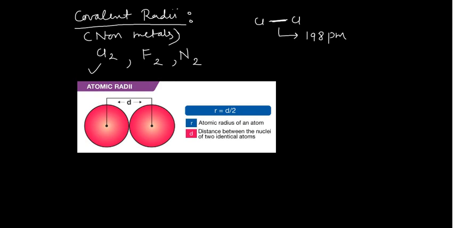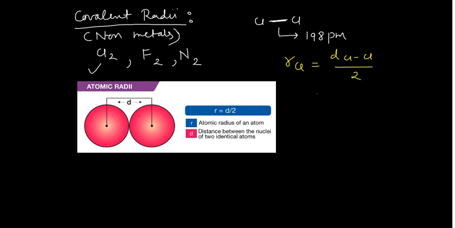If you want to know the atomic radii of chlorine, you will write RCl, and that would be the bond distance between Cl and Cl divided by 2.